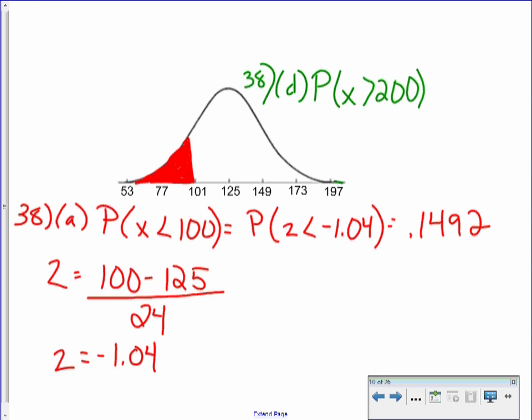Now, normally, if we were trying to decide something was unusual, we would figure out the probability so we could decide. But let's be real here. There isn't anything in color. And let's also keep in mind that the empirical rule tells us that once you get between negative 3 standard deviations and positive 3 standard deviations, you've encompassed 99.7% of your area.